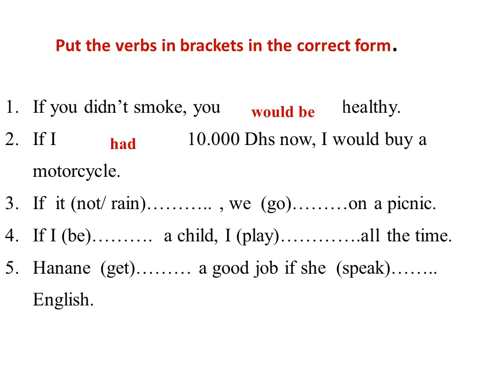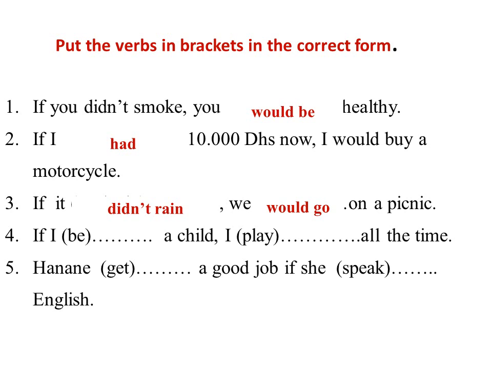Number 3, so here we have a negative. Yes, we see if it. Yes, if it didn't rain, we. Yes, we would go on a picnic. Very good. 4, we see if I. Yes, very good.